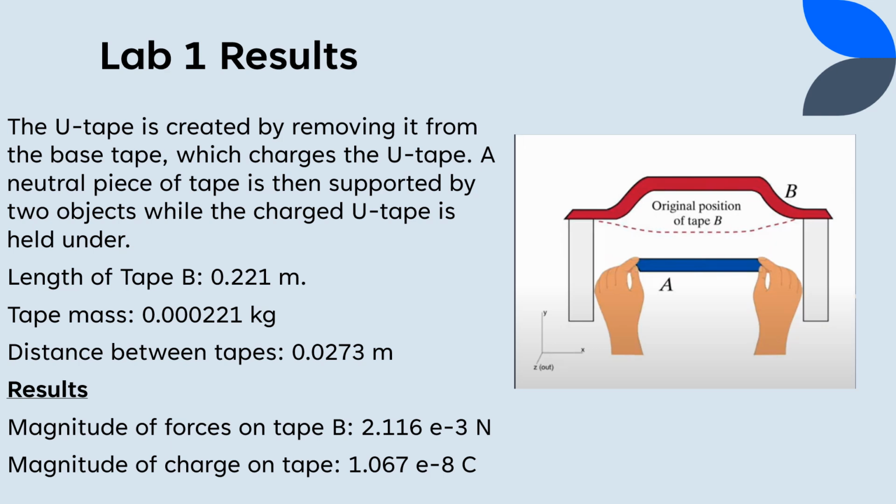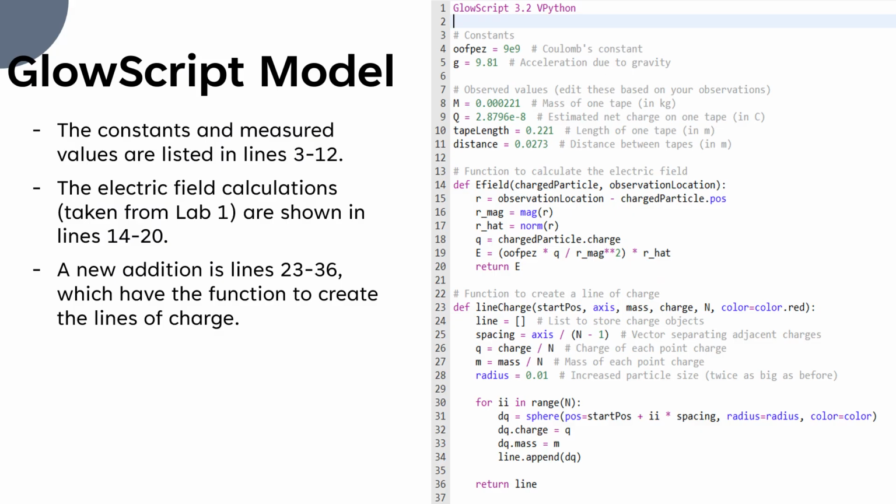The distance between tapes when tape B started to move was 0.0273 meters, or 2.73 centimeters. We calculated that the magnitude of force on tape B was 2.116 times 10 to the negative 3 newtons, while the magnitude of charge on tape B was 1.067 times 10 to the negative 8 coulombs.